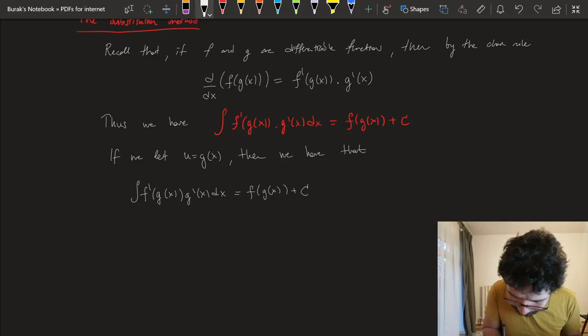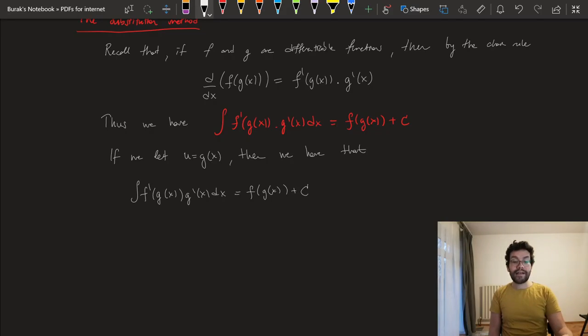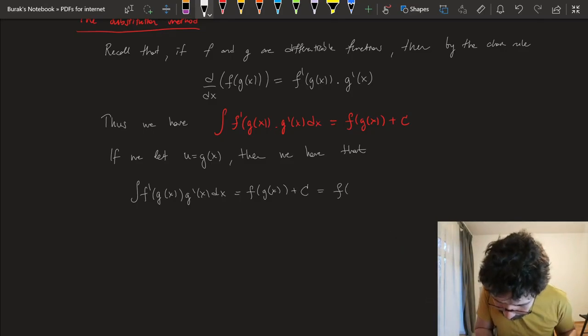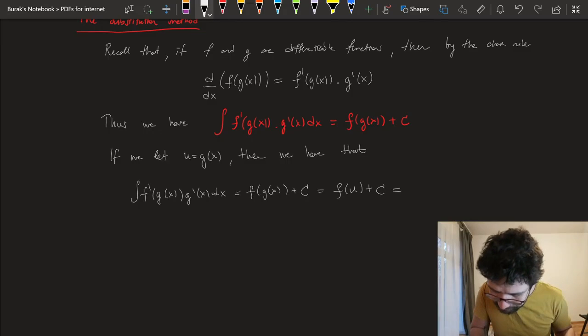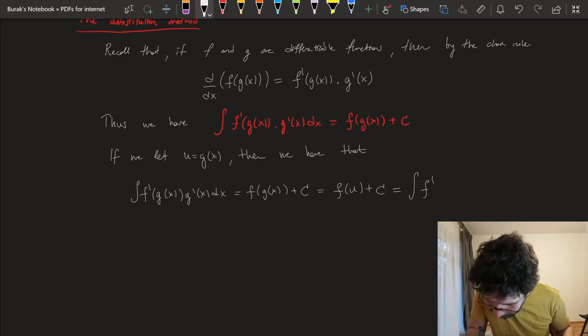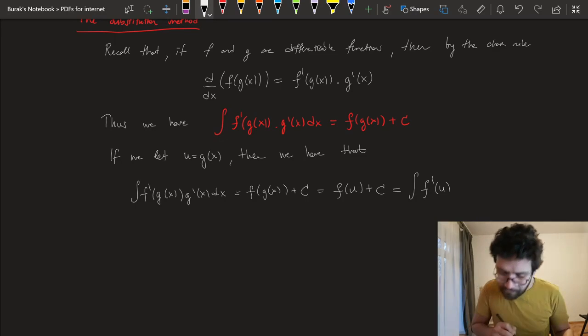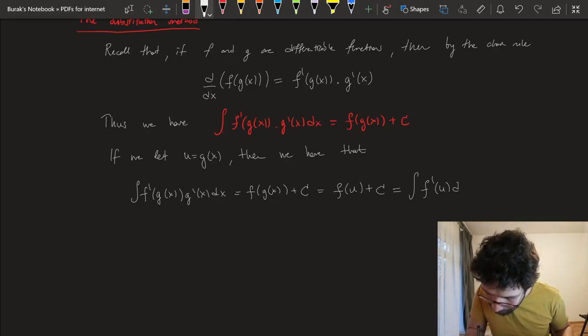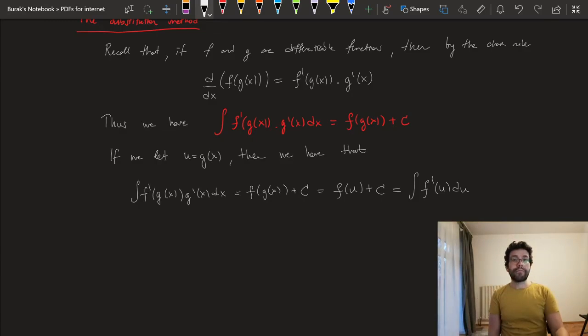Now, if I think of this g of x as any variable u, this is f of u plus c. But this is the indefinite integral of f prime of u with respect to u.